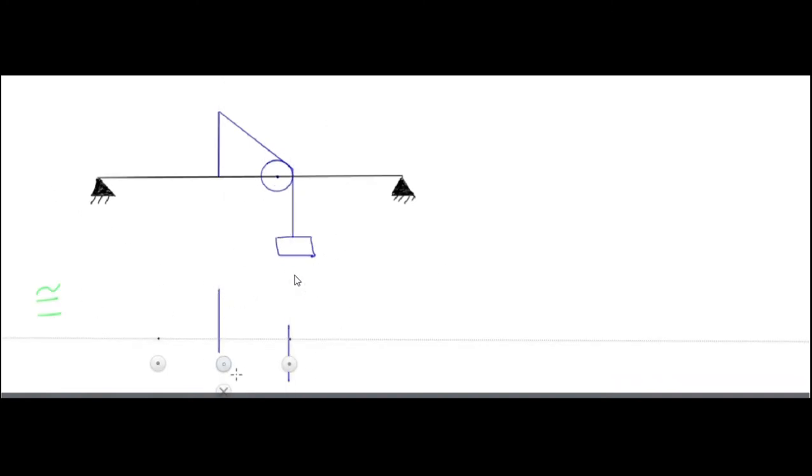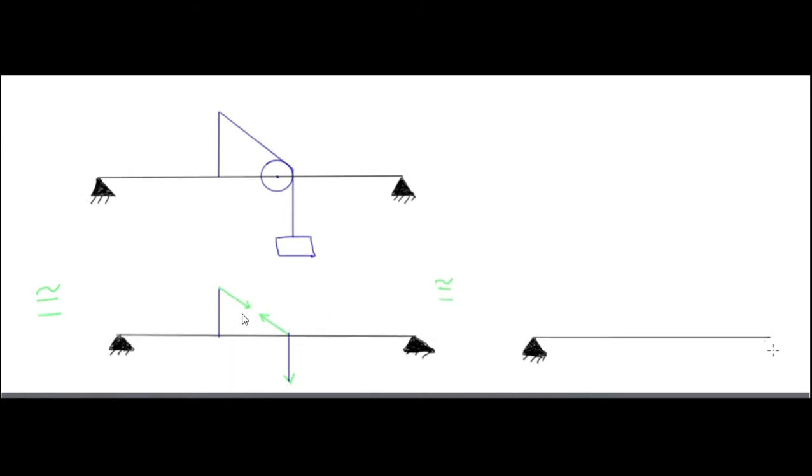Once again, this is the simply supported beam. One support is there, once again a pulley is there, and the load is acting. This can be further simplified into this diagram, where these two loads are acting, this is the downwards load, this is the string tension, and alpha is the inclination or depression.